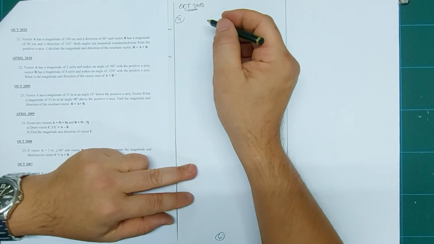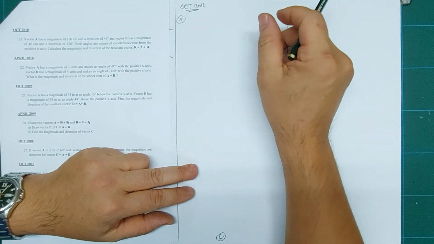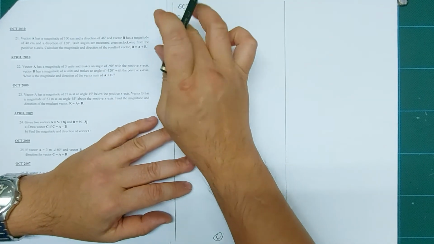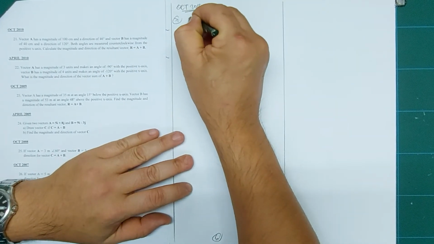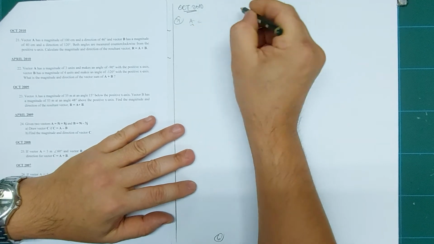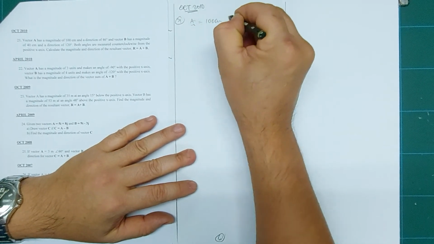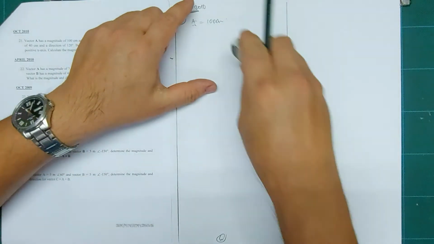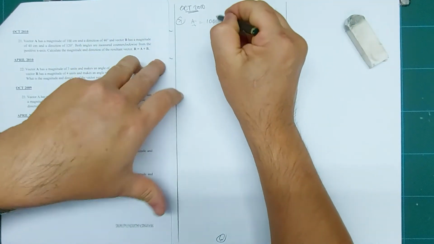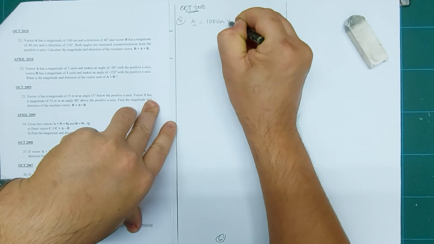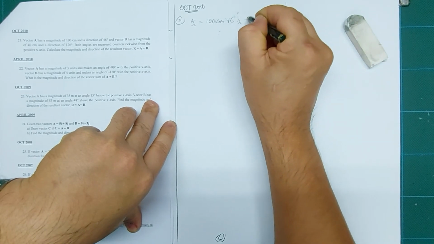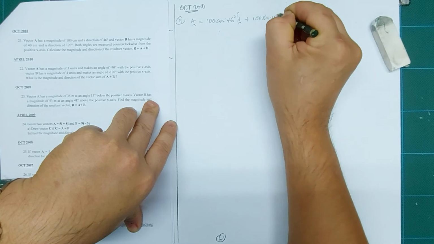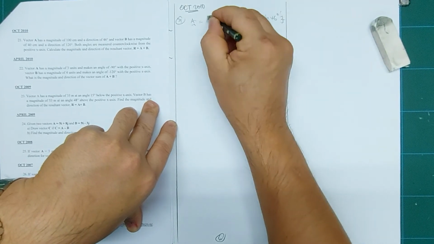Okay, so now without drawing, try to imagine that. My vector A is equal to 100 centimeter, and this one is cosine first, our horizontal component. So cosine 46 degree i and 100 centimeter sine 46 degree j.